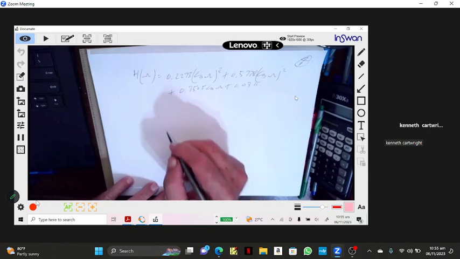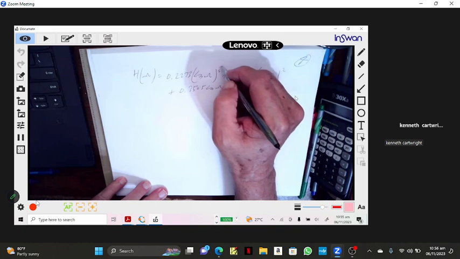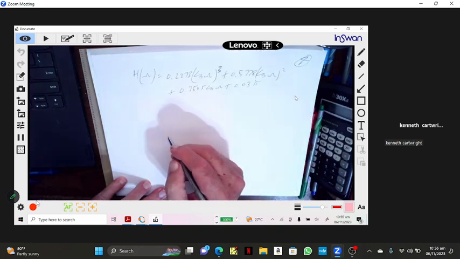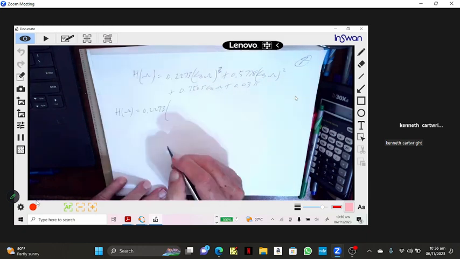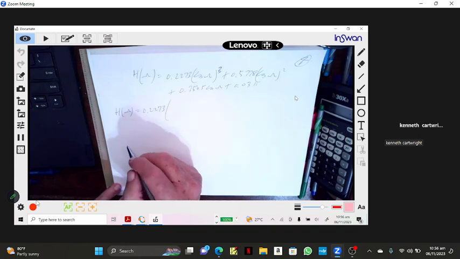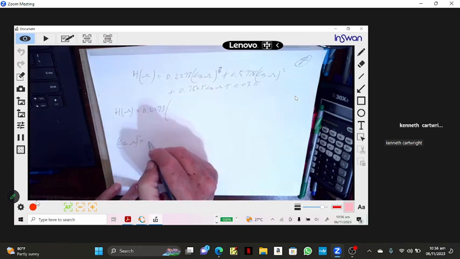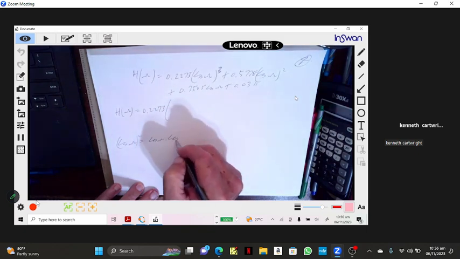So the first thing we want to do is get rid of the cubes. So h of omega then is 0.2273. What's cosine omega cubed? Let's do squared first. Cosine squared, okay, it's cosine omega times cosine omega.